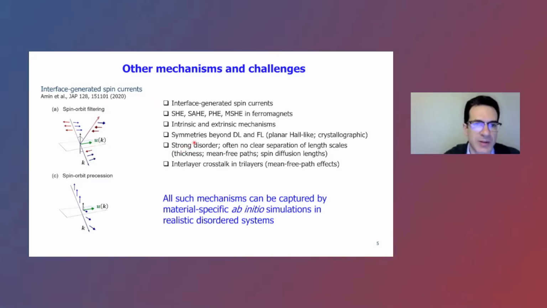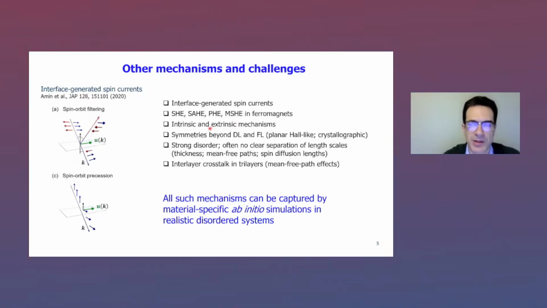Ferromagnets themselves can generate spin currents of various kinds. There are intrinsic and extrinsic mechanisms that may need to be taken into account. And there may be symmetries beyond damping-like and field-like torque. And we'll see one of them in the following in this talk.